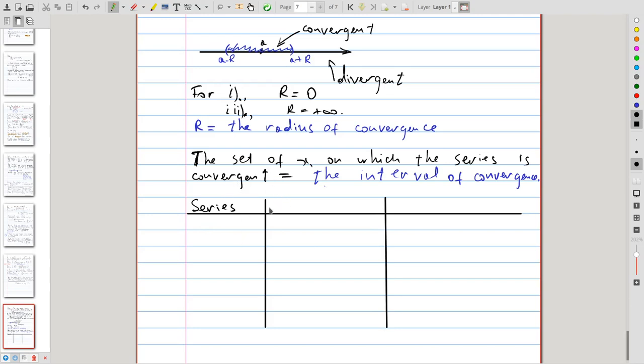So let's say series, radius of convergence, and the interval of convergence.